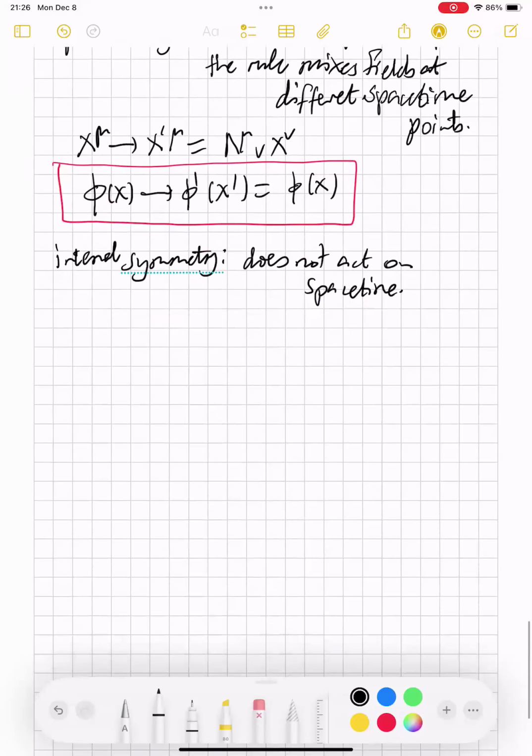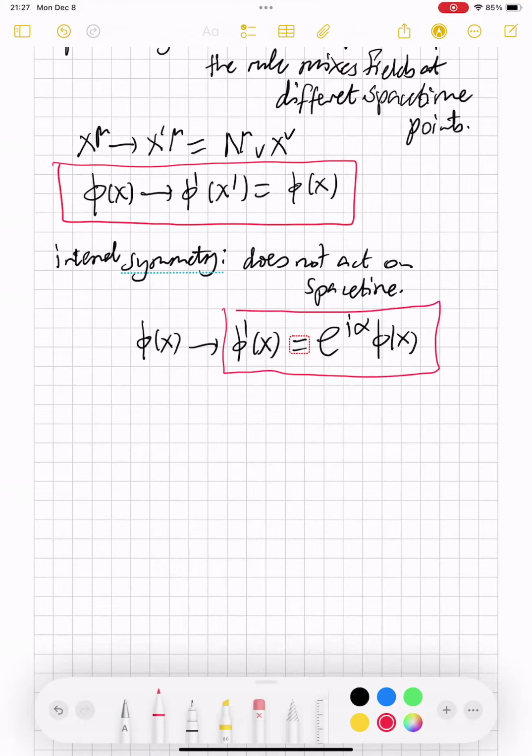So φ(x) goes into φ'(x), which is e^{iα} φ(x). So what you can see now is the rule for the internal symmetry relates the field at x to the field at x. Okay? So that is just what we mean by a space-time symmetry and an internal symmetry.